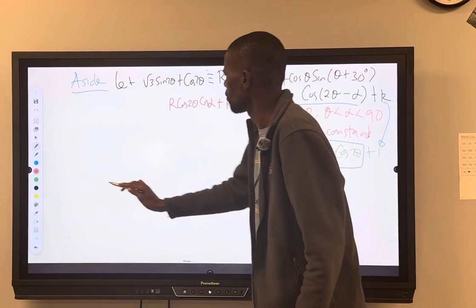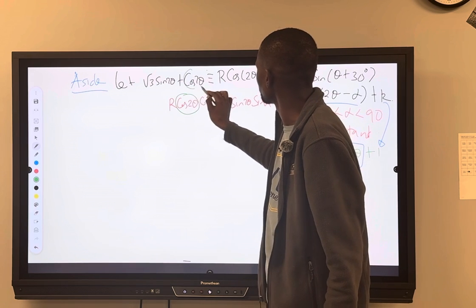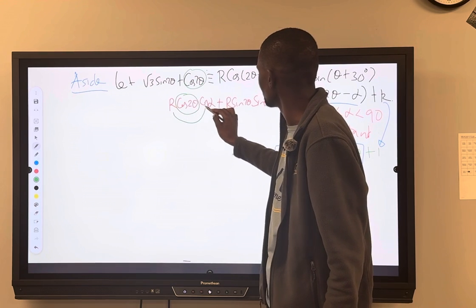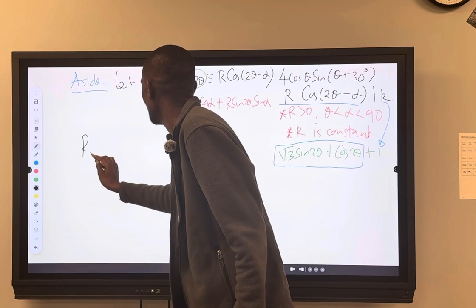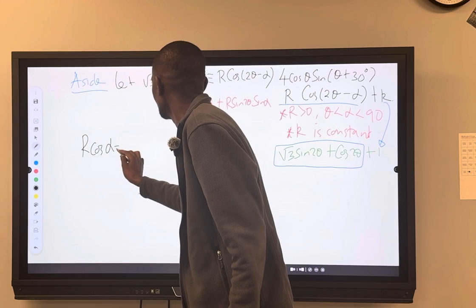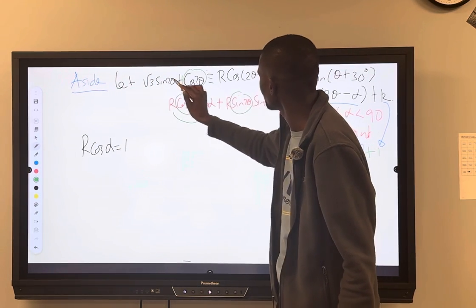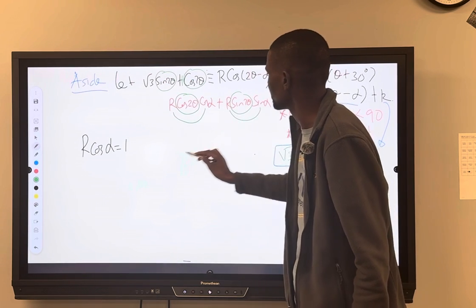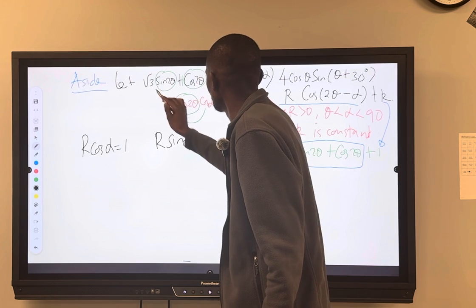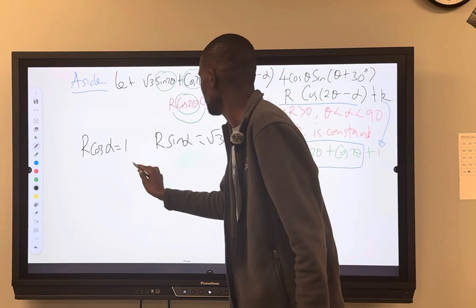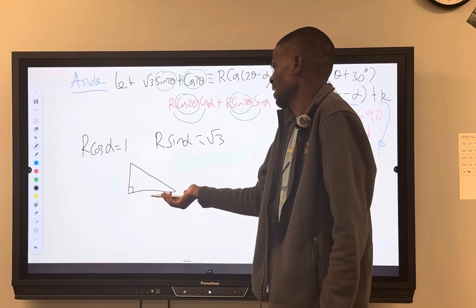Now if I compare, you see cos 2 theta is equal to that, so what is in front of this we can compare to 1. So r cos alpha is equal to 1. Then comparing sin 2 theta, whatever remains here we compare to root 3. When dealing with trigonometric ratios there are several ways, but I prefer this method.